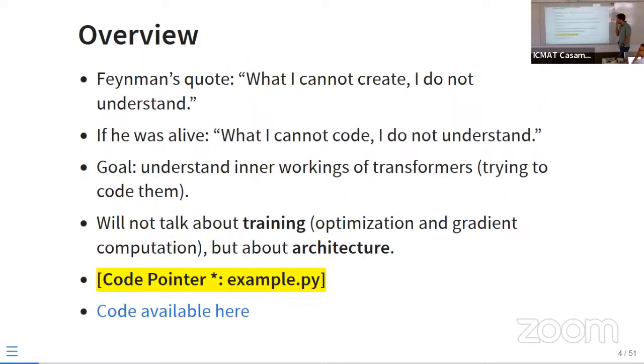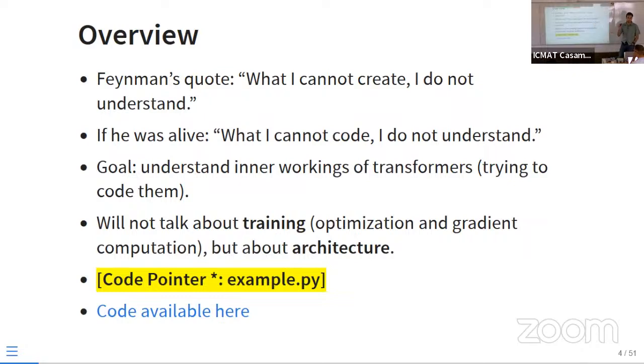So what is the purpose of this talk? Quoting Feynman, he used to say that what I cannot create, I do not understand. And I strongly believe that if he was alive, he would say nowadays, what I cannot code, I do not understand. So what I want to do in this session is to first understand the inner workings of transformers by trying to code them.